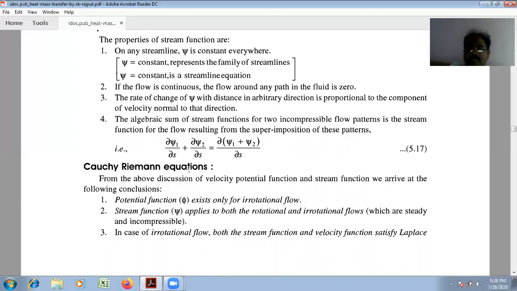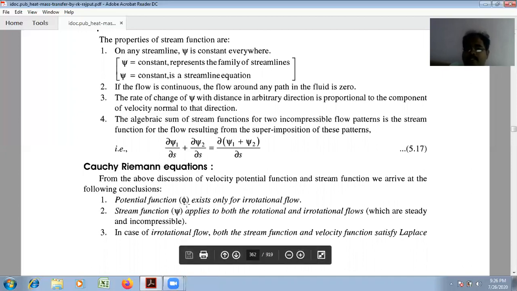The Cauchy-Riemann equation is important. I think you all already discussed it in the fluid mechanics parts, so we are just briefing them. From the discussion of velocity potential function and the stream function, we arrive at the following conclusions. First, the potential function phi exists only for irrotational flow, while the stream function psi applies to both rotational and irrotational flow, which are steady and incompressible.